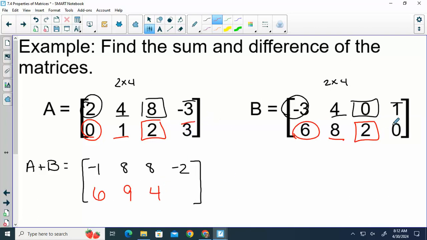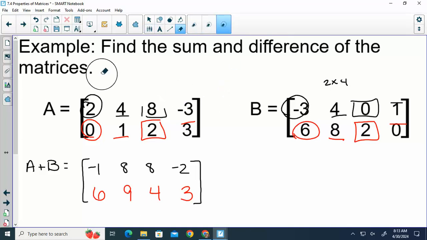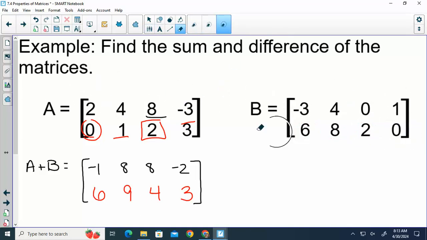And 3 plus 0 is 3. So that is matrix A plus B. So probably, if I hadn't even taught you anything and you just had to guess, that's probably what you would have done. Am I right? Okay.